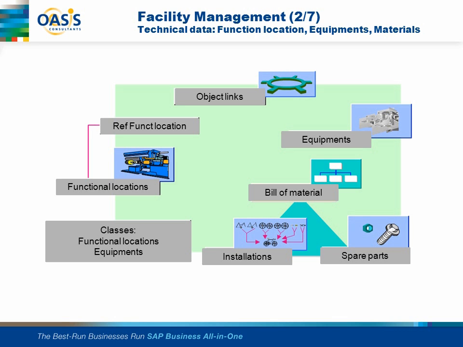So on one hand we have the equipment, and on the other hand we have already defined that a floor or a room can be a functional location. By doing the link between the functional location and the equipment, we know exactly what kind of equipment is where, and that's the most important one, certainly when later on we will do maintenance.